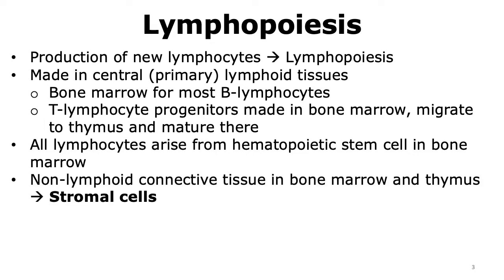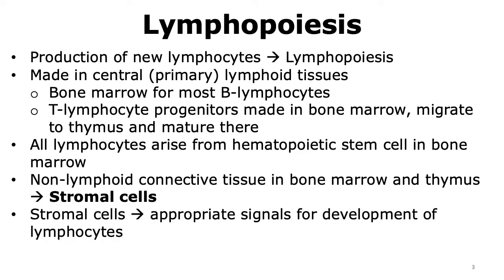What should also be noted is that the bone marrow has an environment which has non-lymphoid connective tissue, and these are made up of cells called stromal cells. Stromal cells play a very important role in lymphopoiesis because they provide the appropriate signals that are required for the development of the lymphocytes during the process of lymphopoiesis.